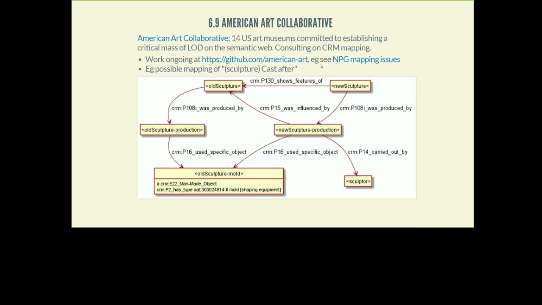And some of the work is going on in GitHub, so you can see a lot of issues, and I'm trying to contribute with modeling ideas, diagrams like this, for example. So this is specific CIDOC CRM modeling to capture the idea that for a sculpture, we're saying it is cast after the mold of another sculpture.